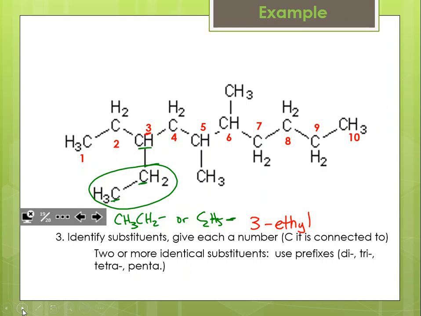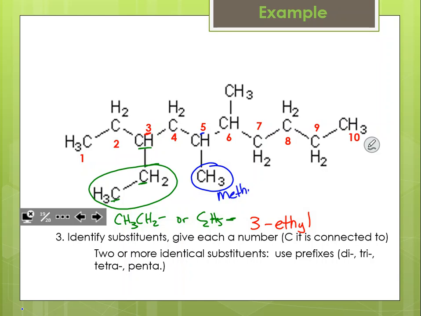Now let's look at our next one. Off of the 5, we do have a branch here where it's only 1 carbon. And what do we name it if it's only got 1 carbon? One carbon, the prefix is meth, so it would be a methyl group. We just changed the ending to the YL.